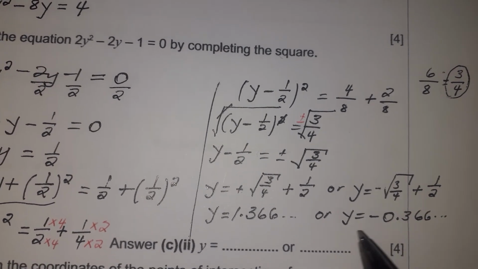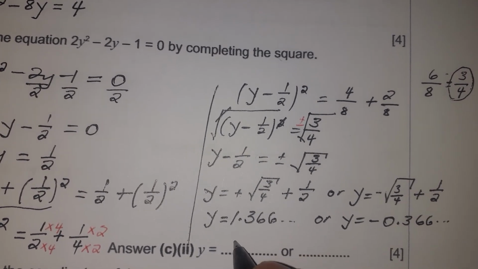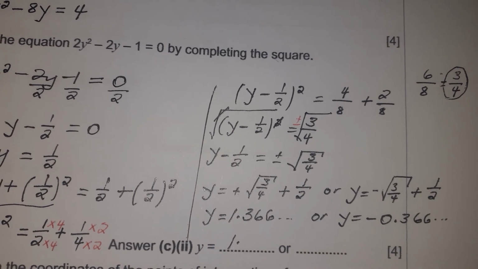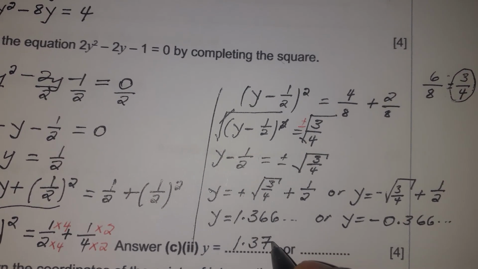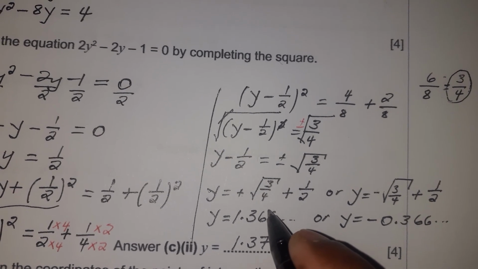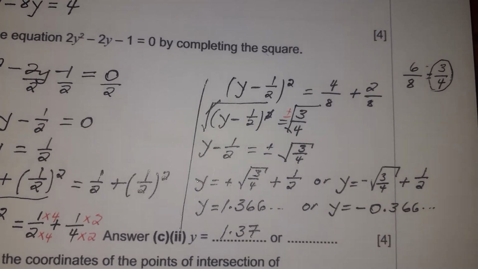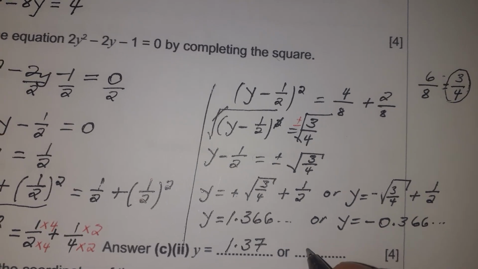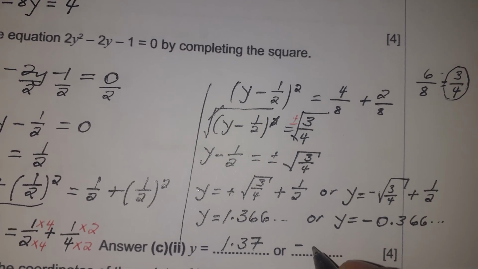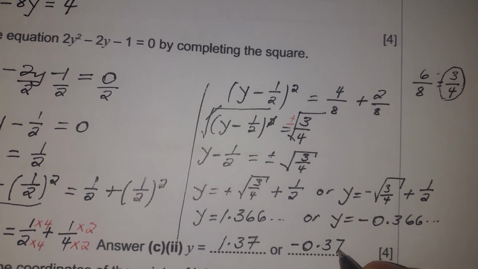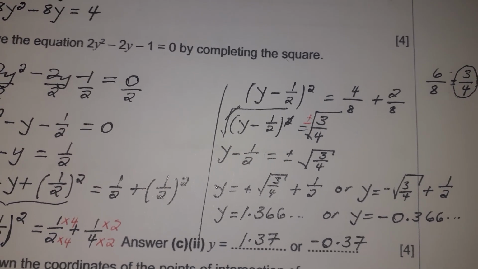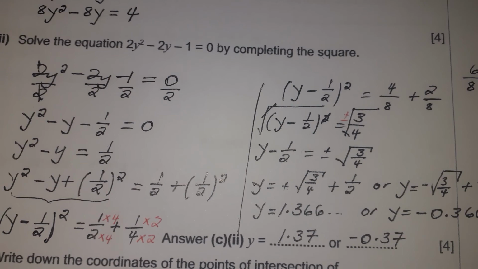Therefore you can now write the final answers here: 1.37 to 3 significant figures. We round, we take 1.366 and bring it here, and then we also do the same there. We are going to have negative 0.37, and that is the solution to that question.